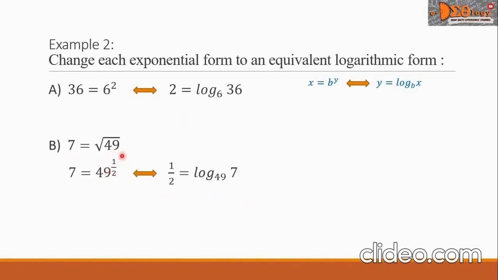The 1/2 or the exponent in here will be our answer here, 1/2, then equals. We will write the log of the number 7, we will write here, and this base 49 of the exponent is the same base for the logarithm. So our final answer is 1/2 equals log of 7 to base 49. This is our final answer.